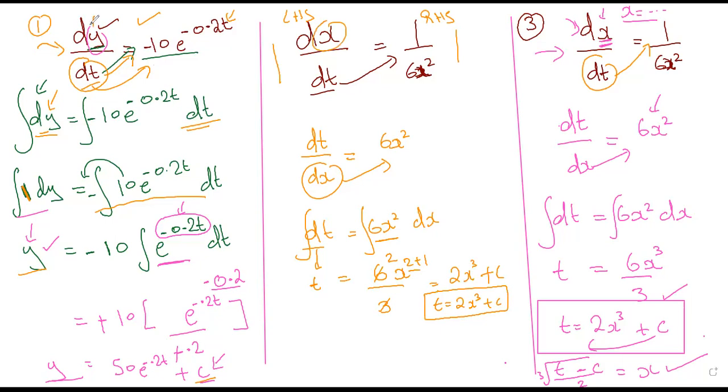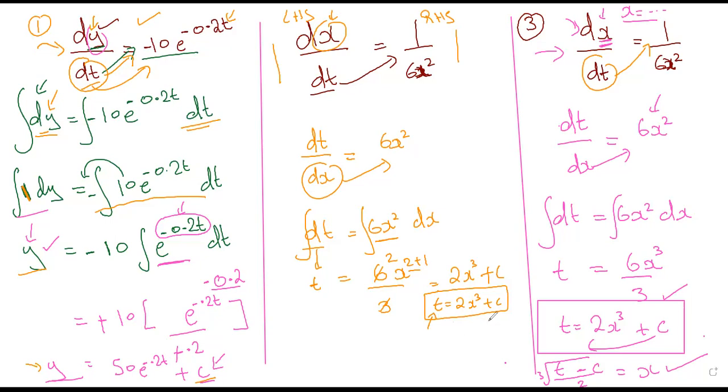Just like here, we had y in the numerator, so we have y equals something. So in this case, we should have x equals something, but we are having t equals something. So we need to make x the subject of our equation, right? Yes, because this is how the solution is.